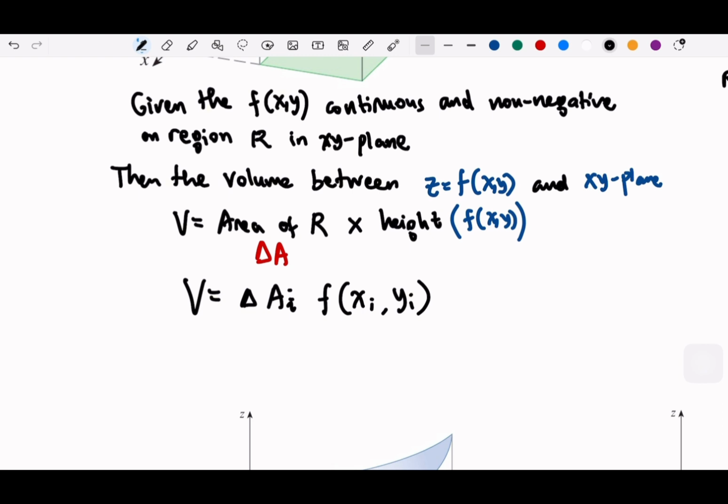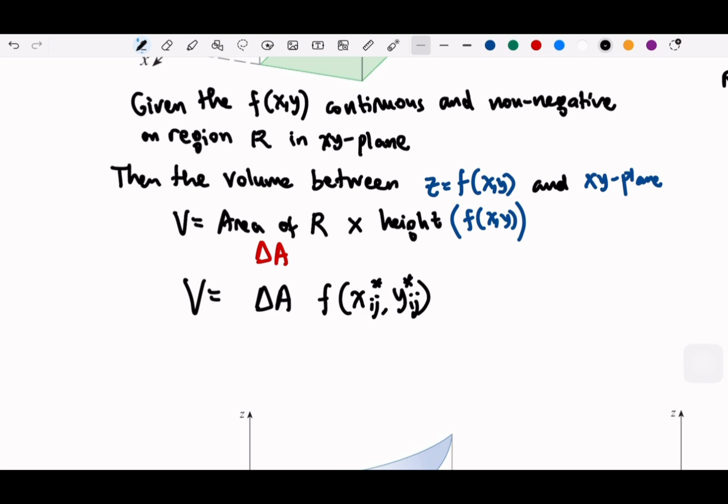Well, it's actually ij because we have 2 variables now. Or maybe for delta A, let me just write delta A as it is. It's confusing if I write Aij. And suppose that this is the sample point.